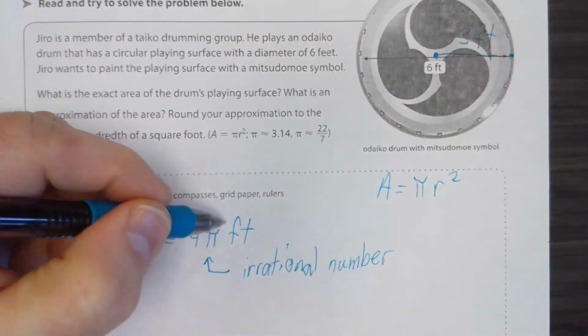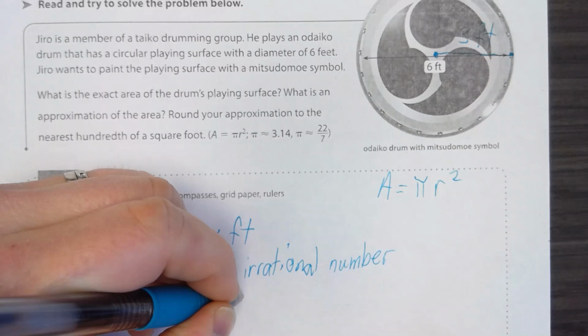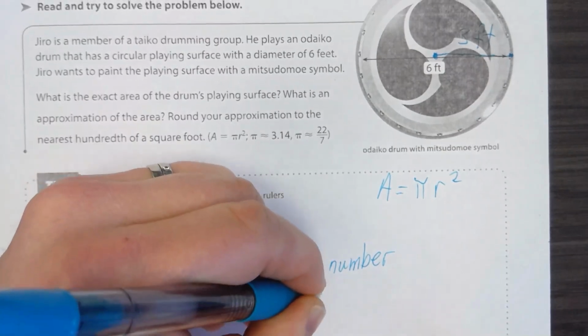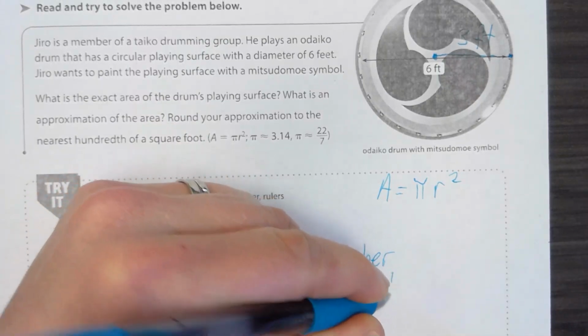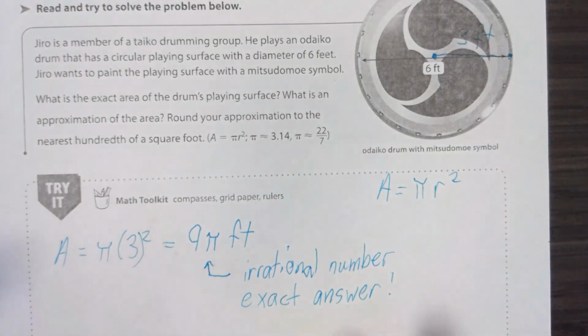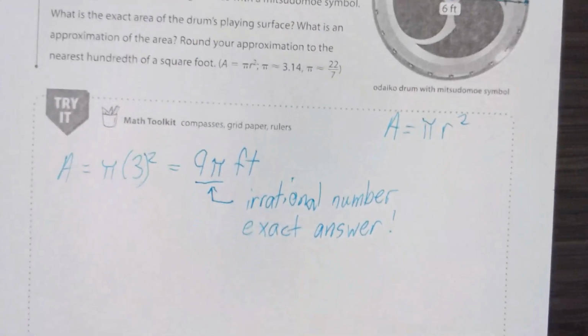But something special about this irrational number is that it is the only way to write the exact answer. This is the exact answer. There's no other way I can write this as an exact answer. The exact number here is 9 pi.